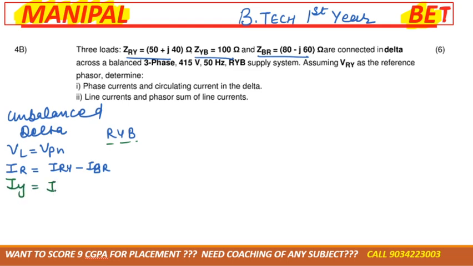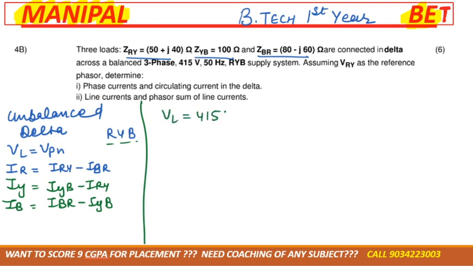So IY is how much? IRY, IYB, IBR. Okay, so now as I have given voltage, VL is equal to 415, as I told you, every time they'll give you the line voltage, 50 hertz. Now you need to calculate current IRY according to Ohm's law.